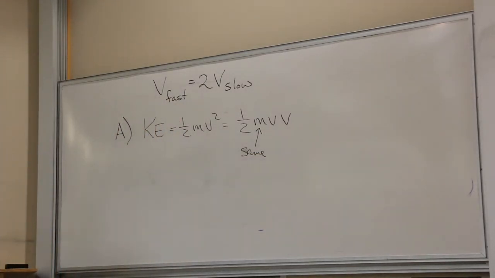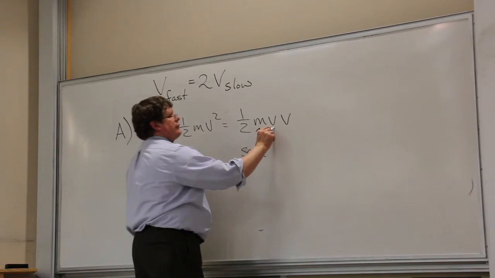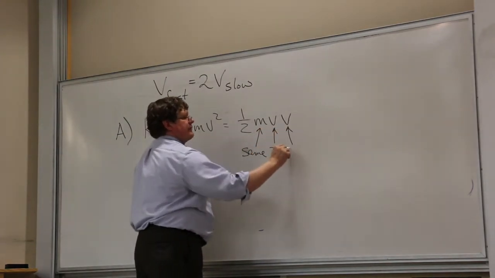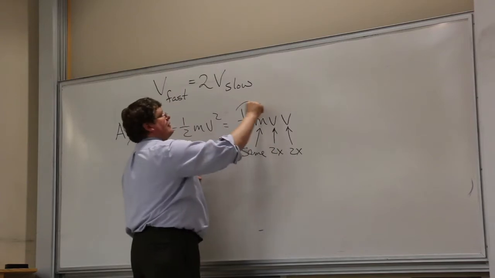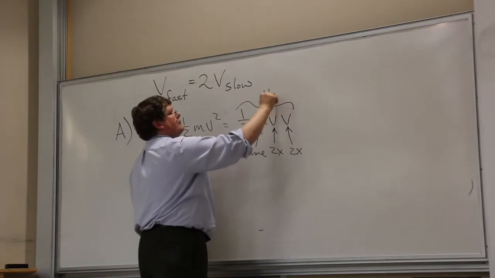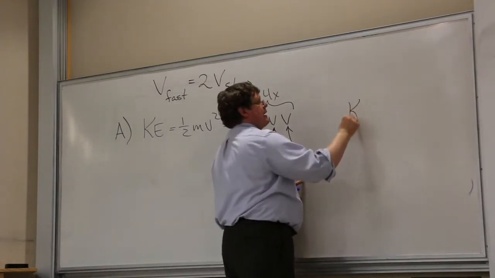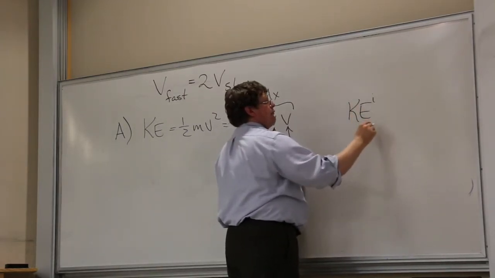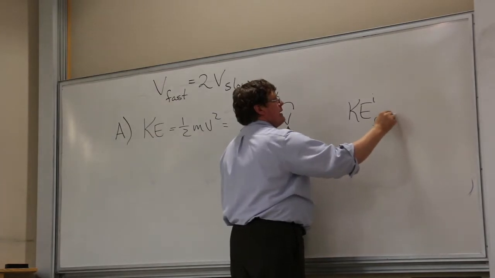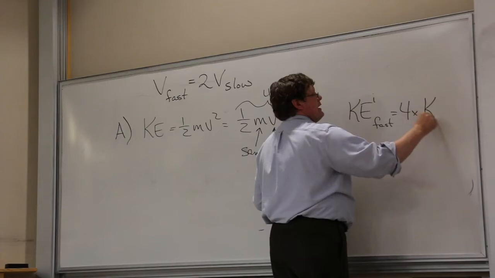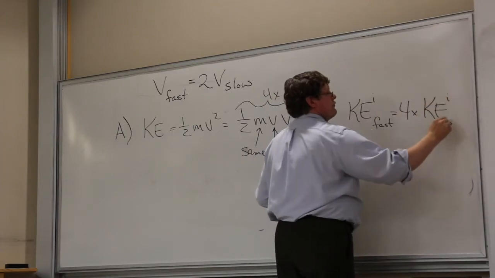But it's going twice as fast, we're told. So this gets twice as big, and so does this. And that means that the kinetic energy gets 4 times as big, because the speed is squared. So my kinetic energy initial for the fast arrow is going to be 4 times the kinetic energy initial for the slow arrow.